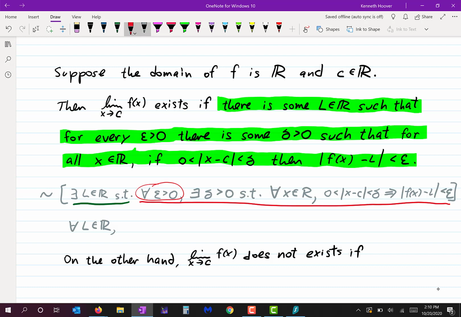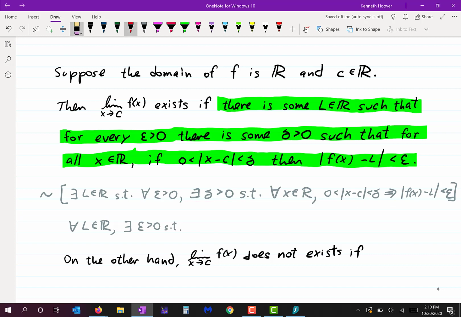So its negation will be existential. And we will have there exists an epsilon greater than 0 such that. What comes after the words such that should be the negation of this. What kind of statement is that underlined in red? It is existential, so the negation will be universal, for all delta greater than 0, comma.